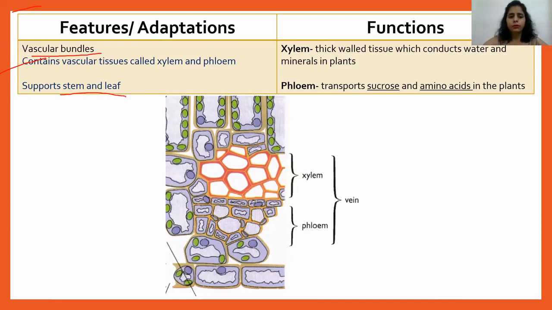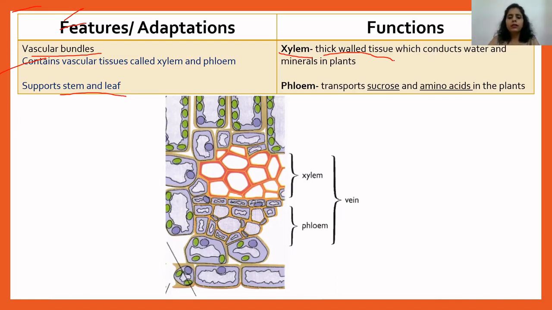The second very important function is that xylem tissue, which is a thick-walled tissue, helps in conduction of water and minerals in the plants. Once the plant absorbs water and minerals from the soil, they pass through the xylem and are shared to all parts of the plant.